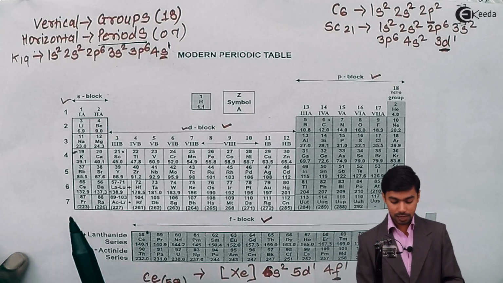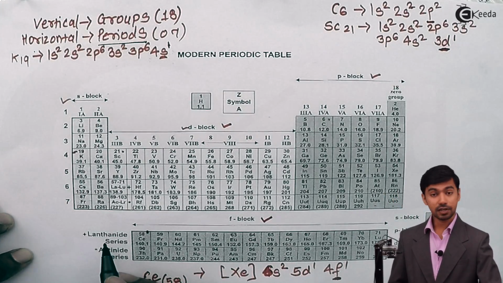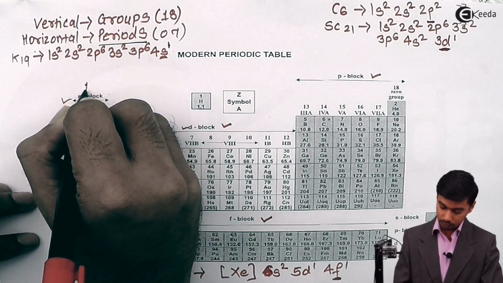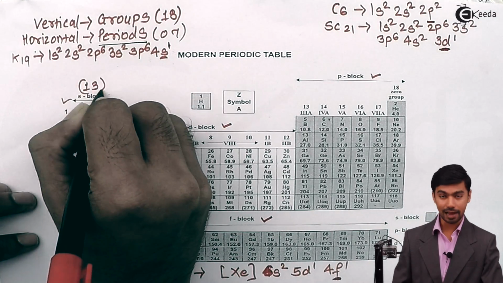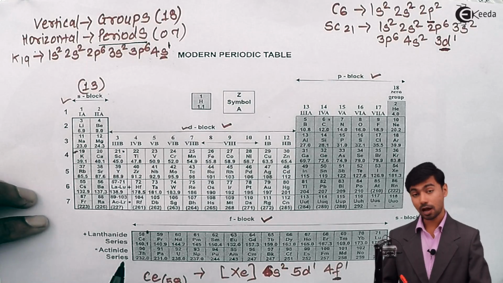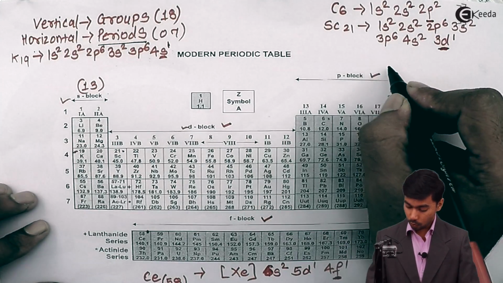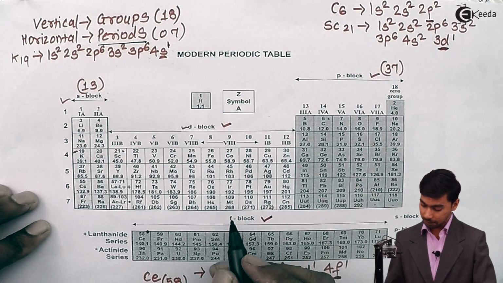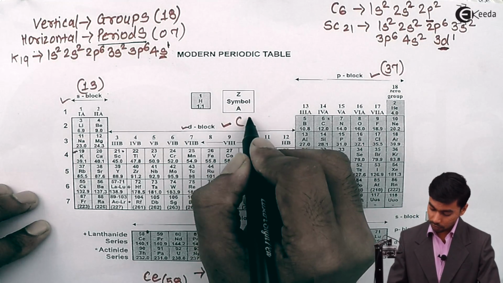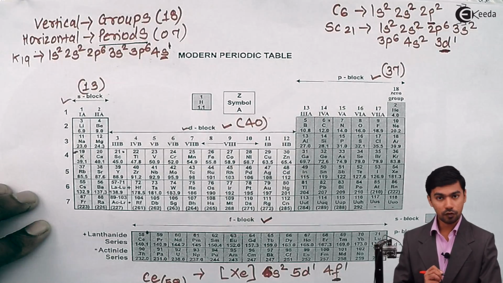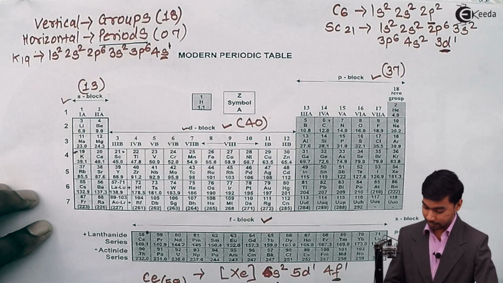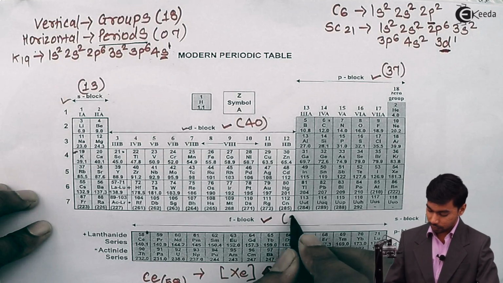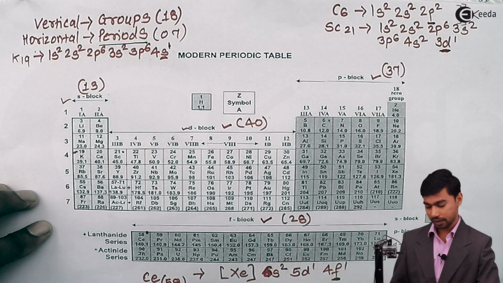Now these s block elements have how many total elements? Only 13 elements. In case of p block, how many total elements are there? Only 37 elements. In case of d block, how many elements are there? 40 elements. And in case of f block, how many total elements are there? 28.